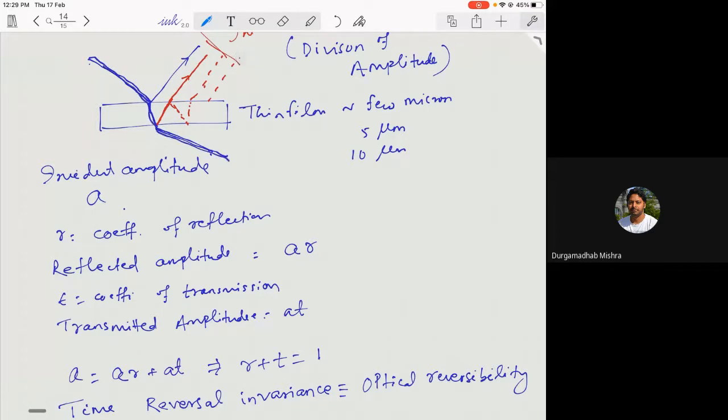That is the optical reversibility, or in a mathematical way, we call it time reversal invariance. This is a very basic principle that is applicable to many fields in physics, particularly in optics. You can have a look at this term if you want to know more about it, but I will not discuss that more here.